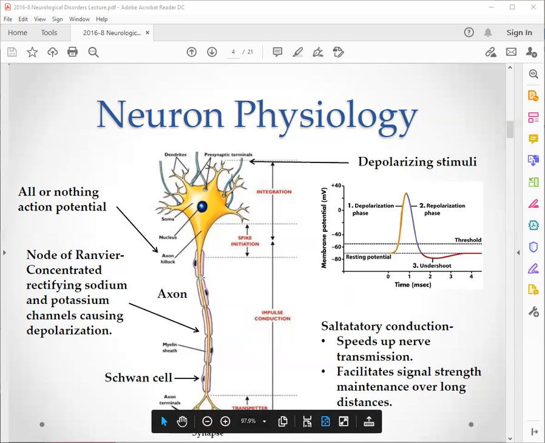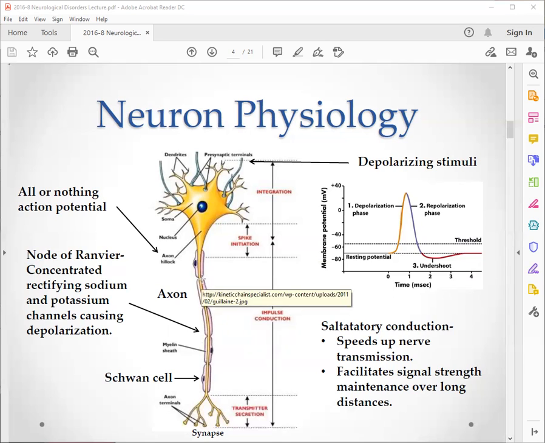So sodium and potassium channels are oftentimes located at the nodes in between these Schwann cells, and so depolarization down this axon usually occurs more predominantly in these gaps in between the Schwann cells. That type of conduction is called saltatory conduction.